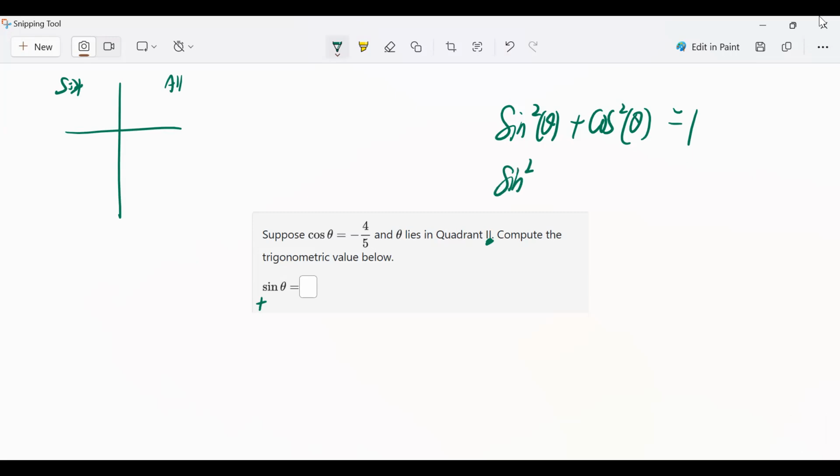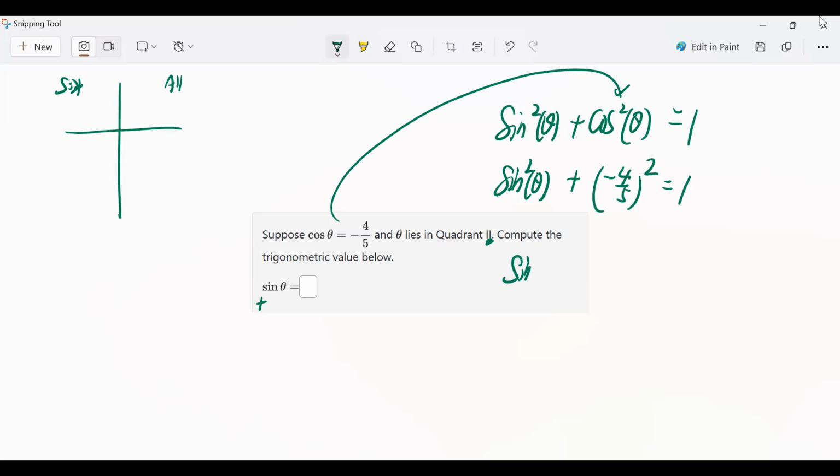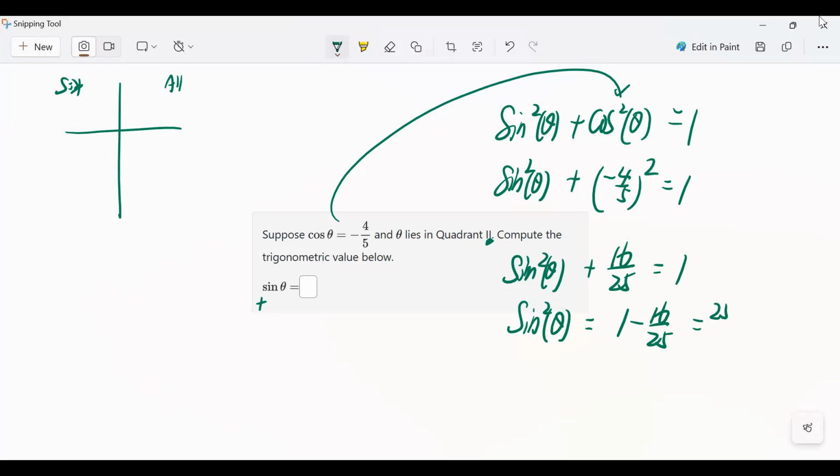So sine theta squared plus cosine theta squared, we're going to replace cosine theta with -4/5. Sine theta squared plus 16/25 equals 1. 1 is 25/25, so sine theta squared equals 1 minus 16/25. 25 minus 16 over 25 gives us 9/25.